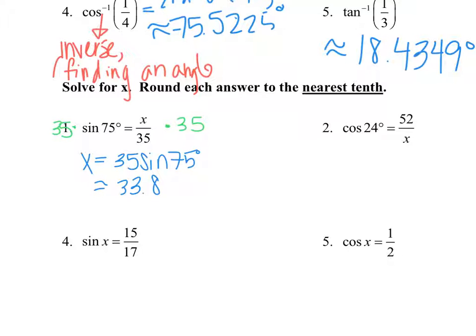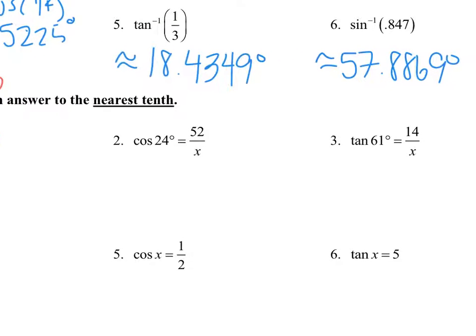Notice that in number 2, the x is in the denominator this time. So to start, we actually need to multiply both sides by x because we need to get the x out of the denominator. And then to get x by itself, we're going to divide by cosine of 24 degrees.